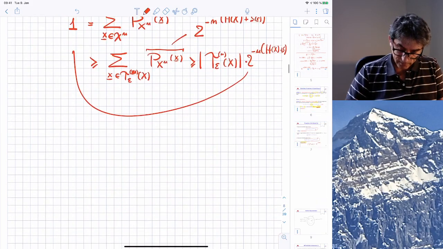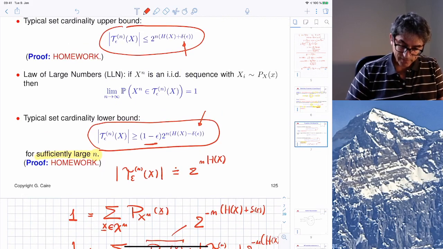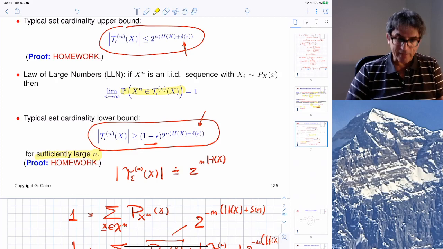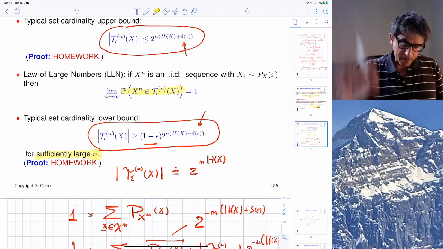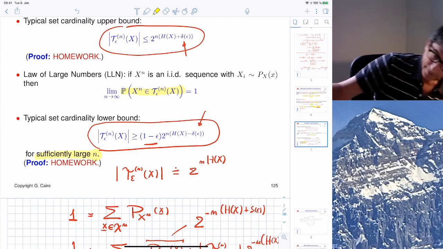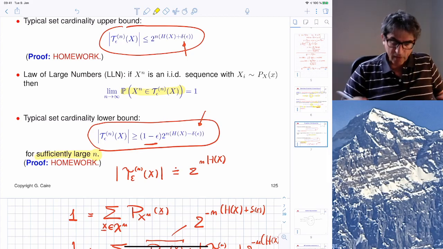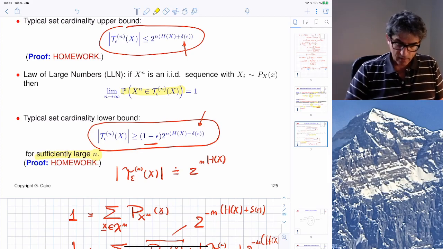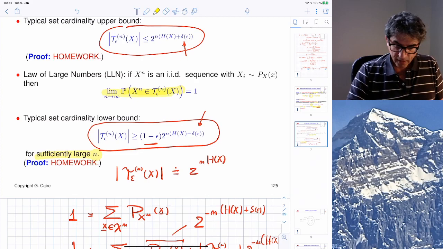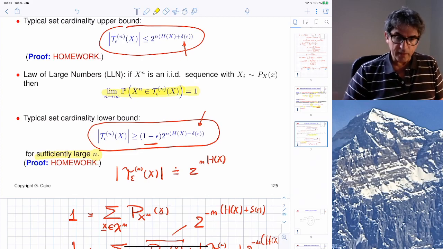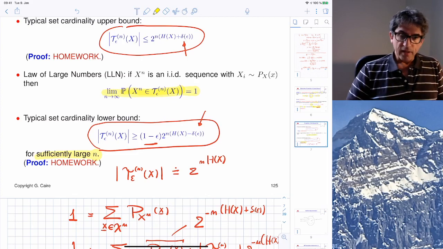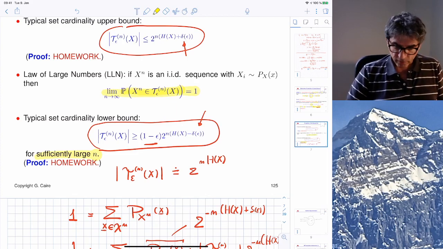For the lower bound, I have to use the fact that because of the law of large numbers, the probability that a random sequence is typical goes to 1. Because the probability that a random sequence is typical means the probability that the empirical frequencies for all letters converge to the true probabilities, and we know that this goes to 1. So basically that's the same statement, simply written in a different way. The probability that a random IID sequence is typical goes to 1 when n goes to infinity.